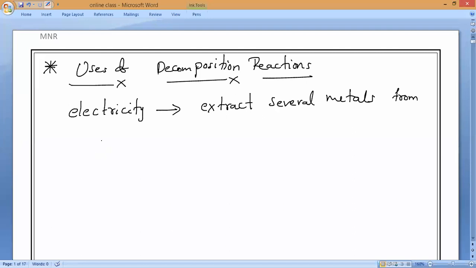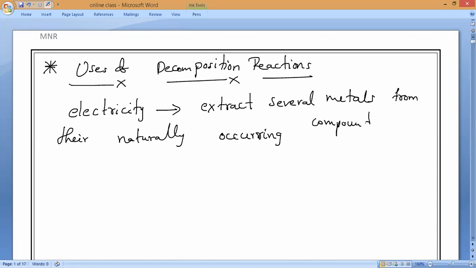Several metals from their naturally occurring compounds like chlorides or oxides.